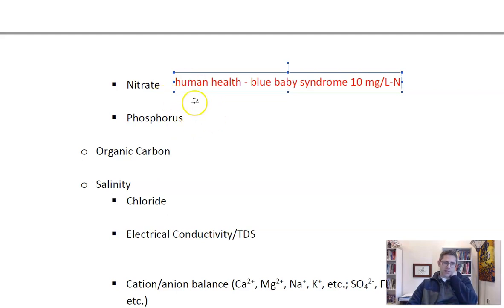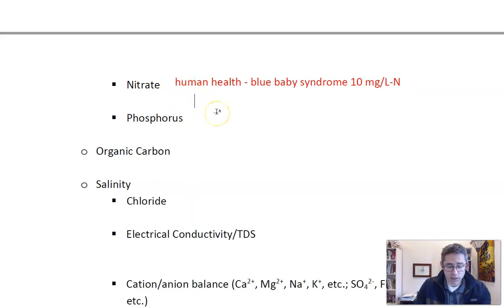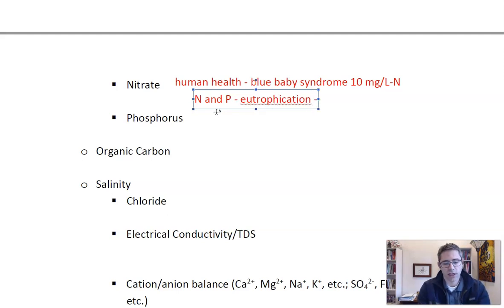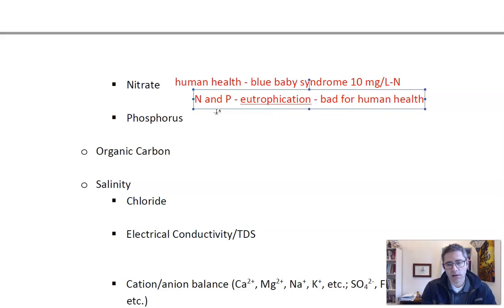But for both nitrate and phosphorus, as well as ammonia, we also have another issue we need to be concerned about, which we recently learned about, which is eutrophication, which is bad. And that can be bad for human health or aquatic life.